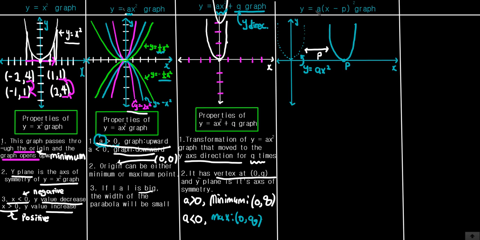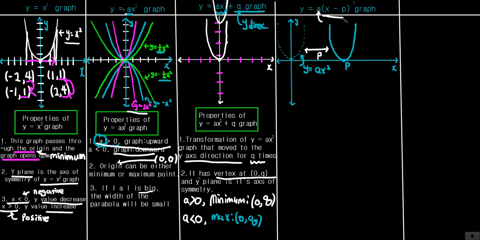Think about y equals a times (x minus p) squared. The a is just a number that defines the graph's form, whether it goes downward or upward depending on whether it's negative or positive, and it doesn't really affect the graphing.